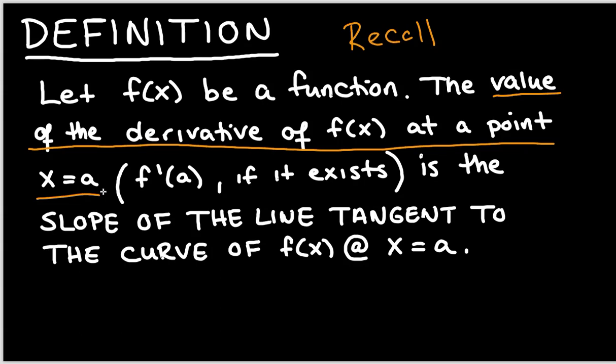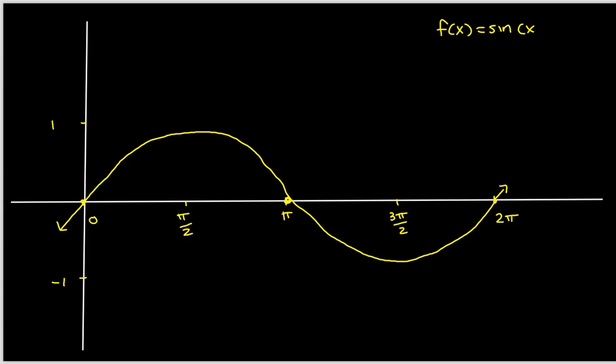To make it more clear, on the next page, I've drawn a function that you know, sine of x. And we're going to take the derivative of sine of x at different places. So let's just first go over here and we'll take the derivative at pi over 4. We'll take the derivative at 3 pi over 4.